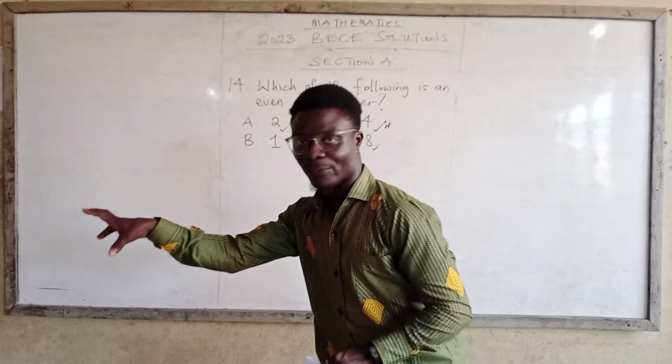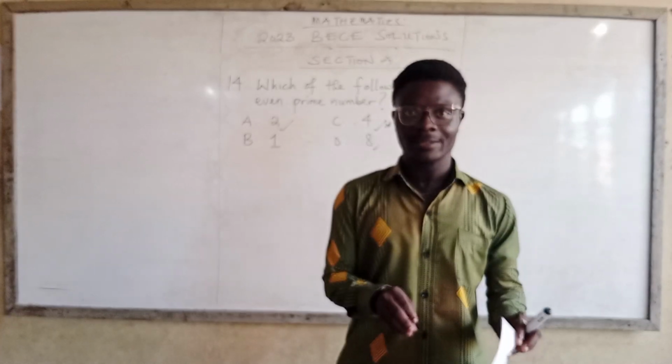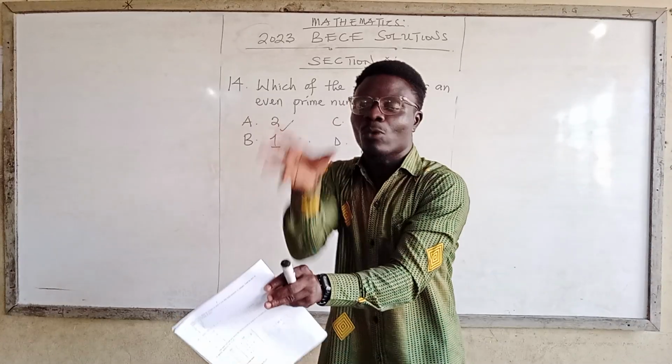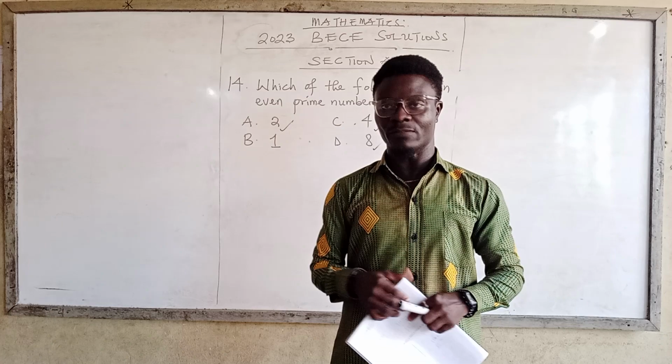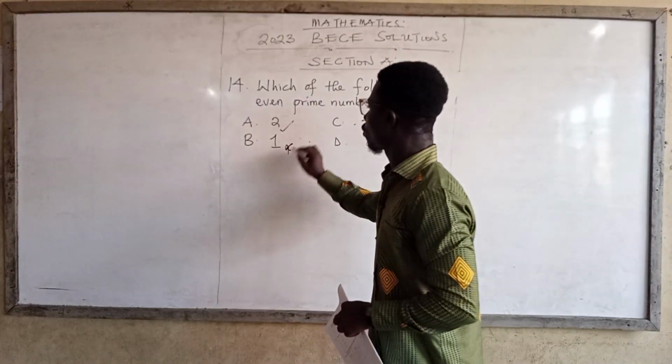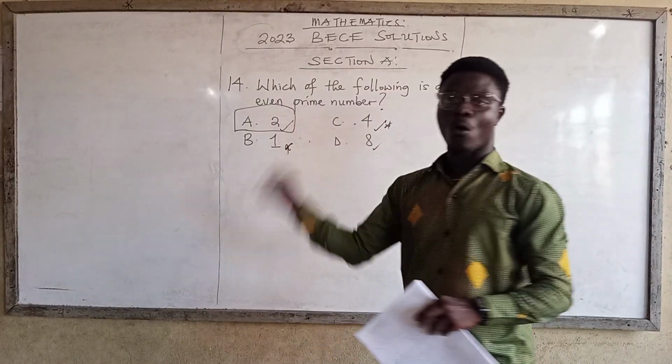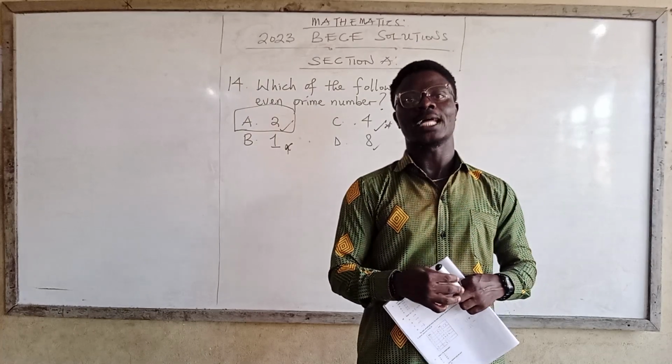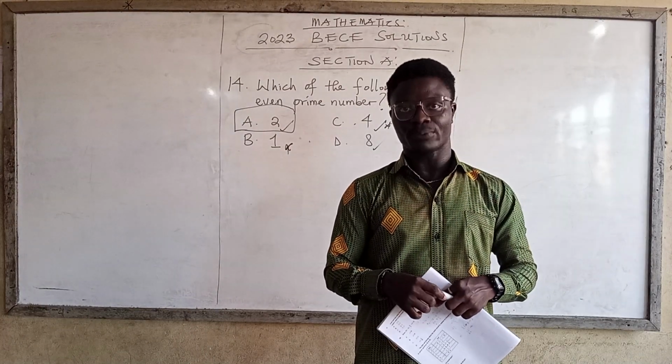You must be a prime number first. Then, after being a prime number, we locate you as an even number. So the answer is option A for apple. So that is an even prime number.